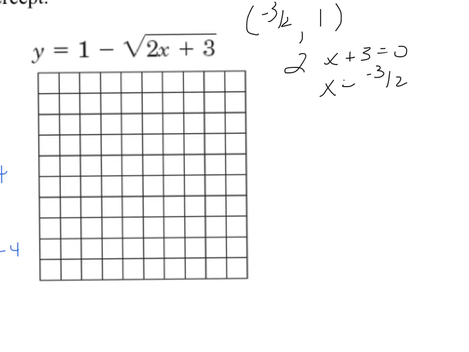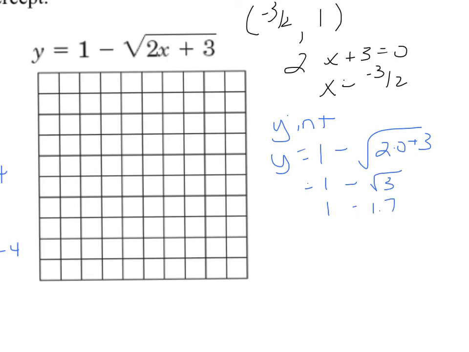To find the y-intercept, if there is one, I'm going to say that y equals 1 minus the square root of 2 times 0 plus 3, which gives me 1 minus square root of 3, 1 minus 1.732, which is -0.732. If there were an x-intercept, I'd find it by saying 0 equals 1 minus the square root of 2x plus 3.